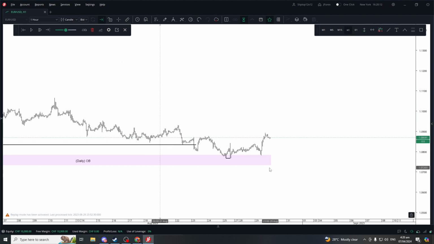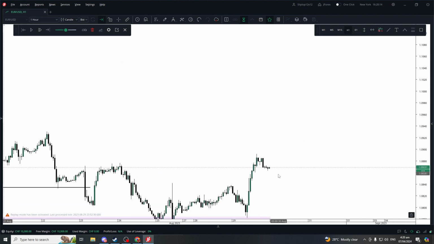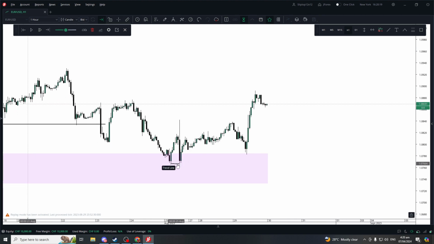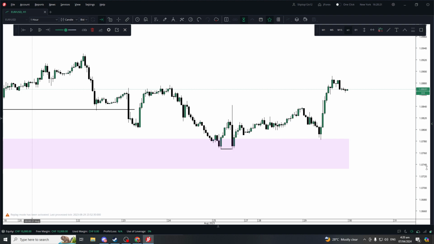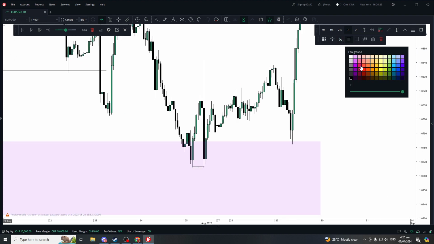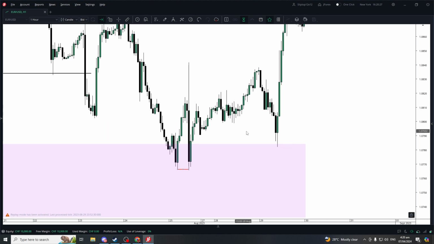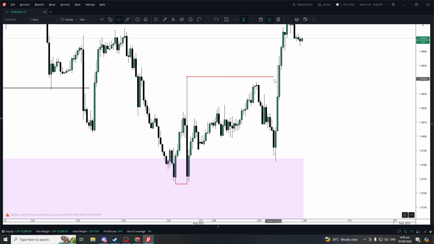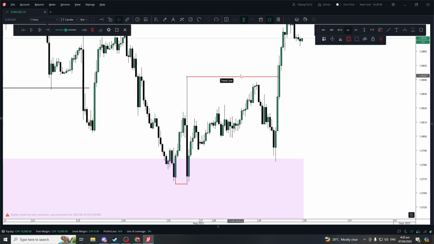So now in the 1 hour, we have this subtle sweep here. We have an actual, a very obvious market structure here.